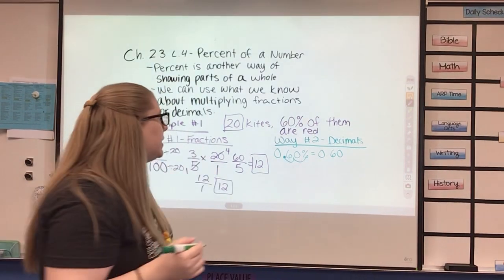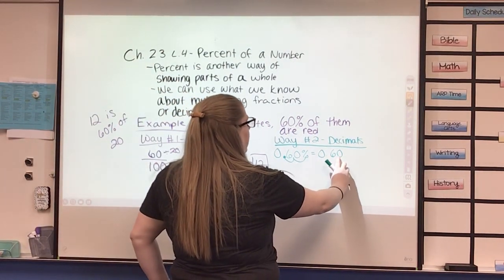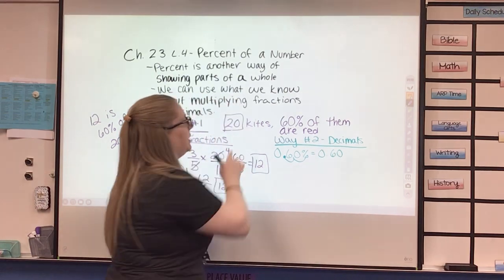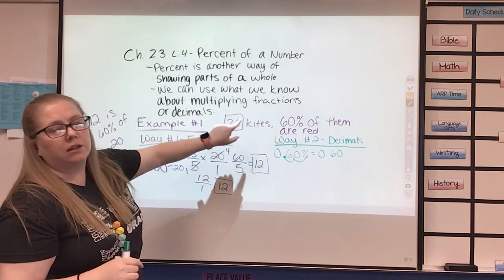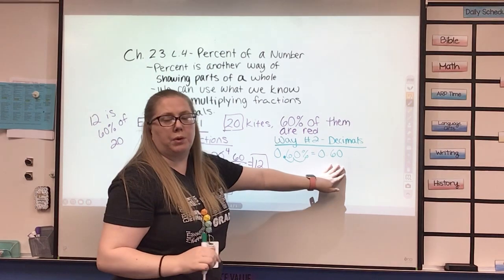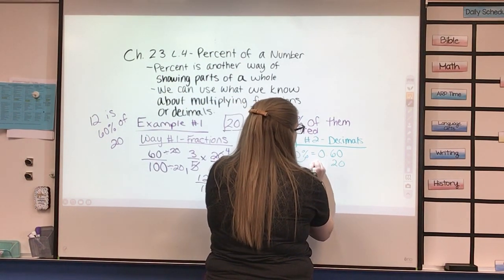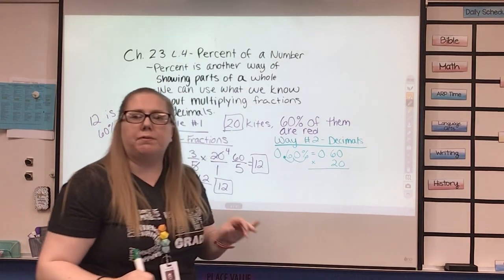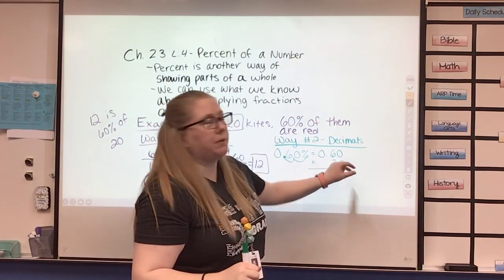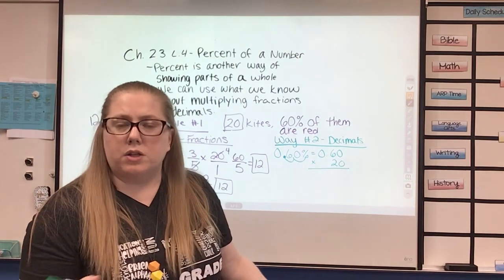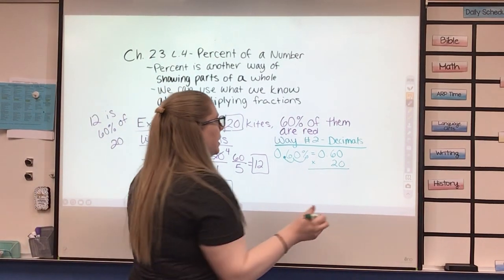I'm going to keep it as 0.60 and keep this 0 here because this 20 has that in that place value. Okay, so I'm going to say multiply. Okay, see, if I had said 0.6, I would have ended up putting that 0 there anyway. So I'm just going to keep it as 0.60.